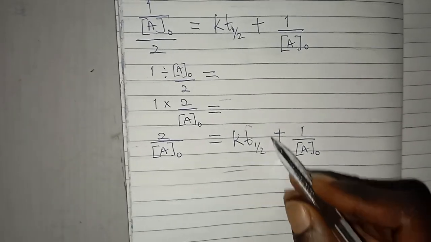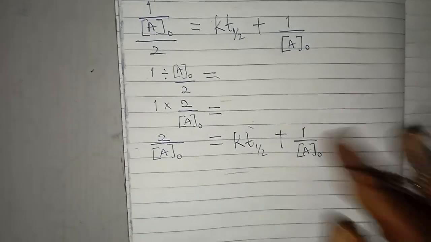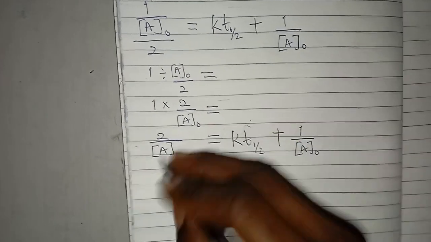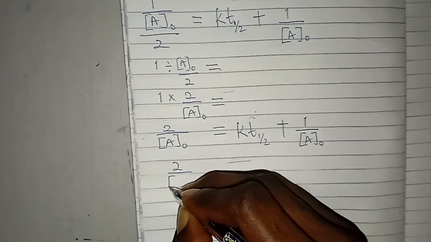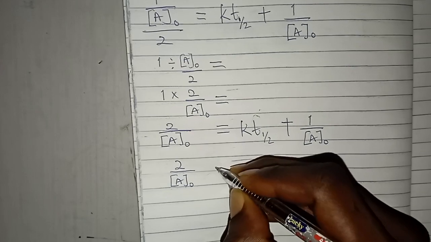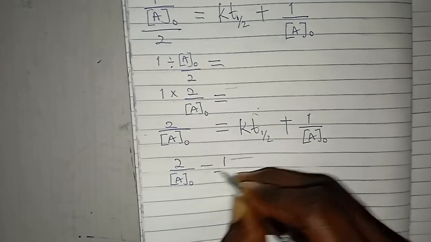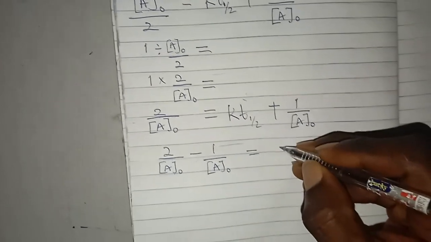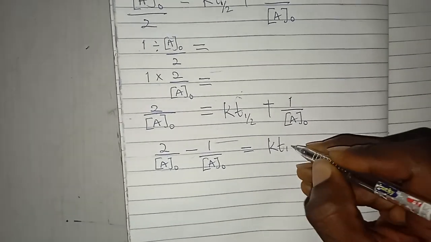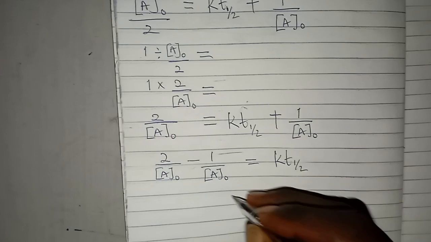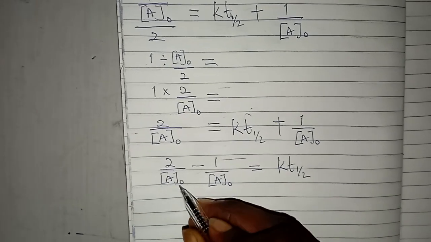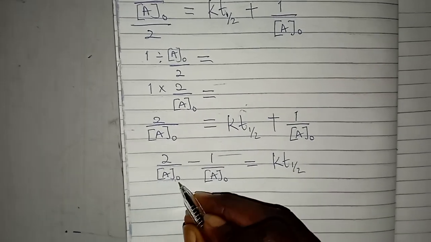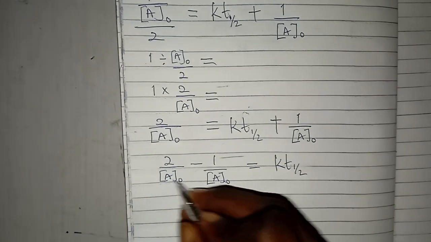Remember, our goal is to make T half the subject of the formula. So we are trying to put everything away from it. This one crossing over becomes 2 over A naught, initial concentration, minus 1 over initial concentration is equal to KT half. Look at this, they are the same denominator, so there's no need to find the LCM.